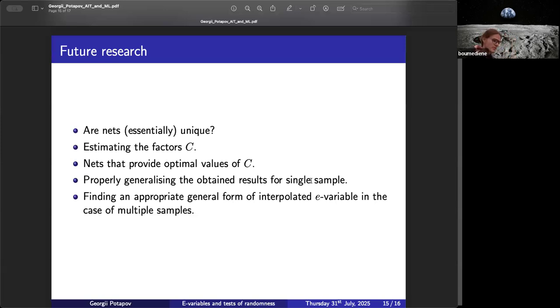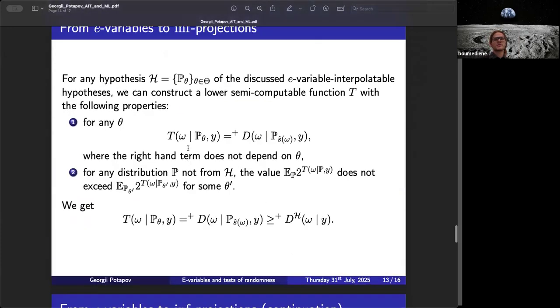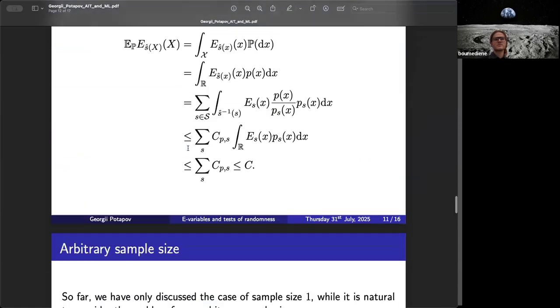Right now I'm mostly interested in understanding how much we can vary the nets, and what these nets tell us about the distributions that we study, and what these factors are from our definition.